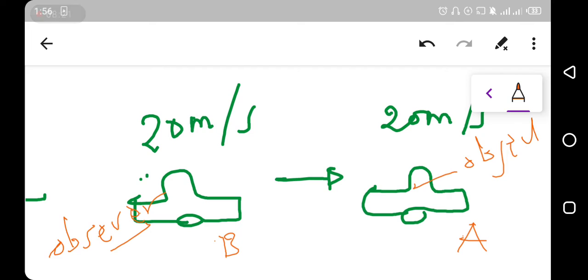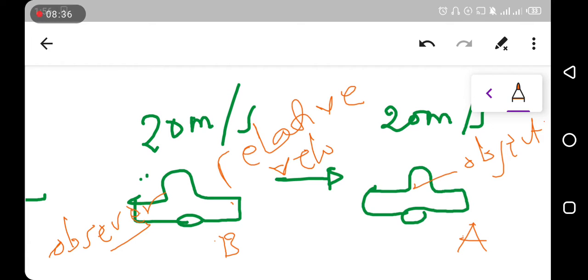Kwa hiyo velocity atakayopima huyu mwenye gari B respect to gari A, hiyo velocity itaitwa relative velocity. Lakini condition iliyokuwepo hapa ni lazima gari B liwe lina move, na gari A nalo liwe lina move. Kwa hiyo tunaiita relative velocity.